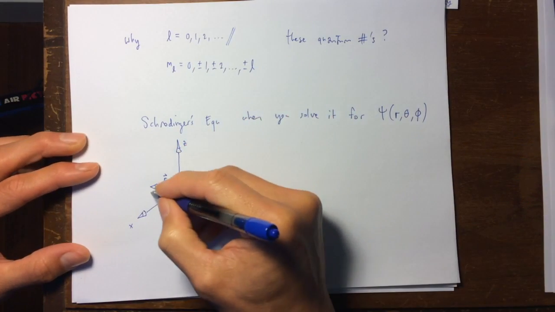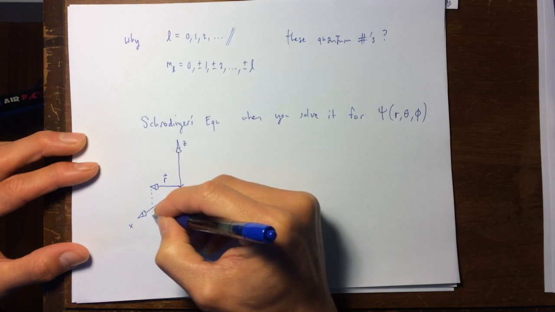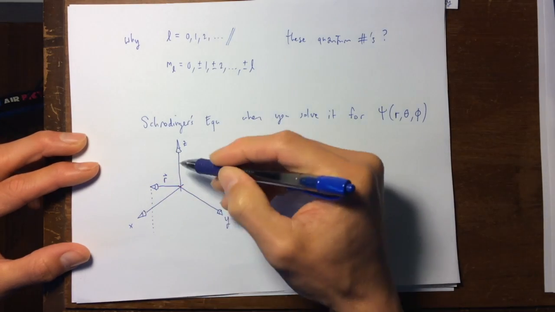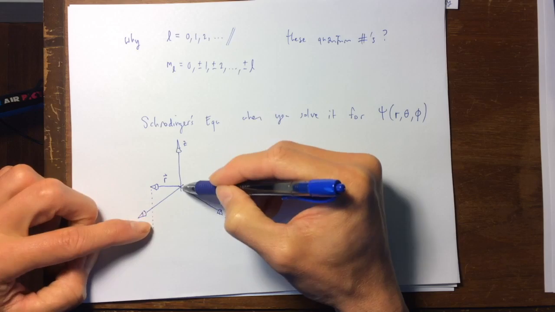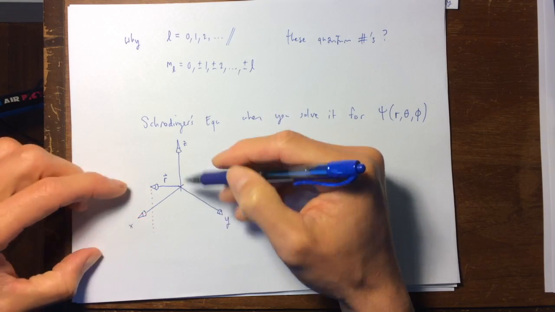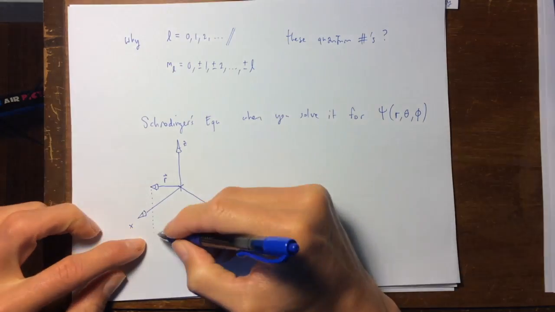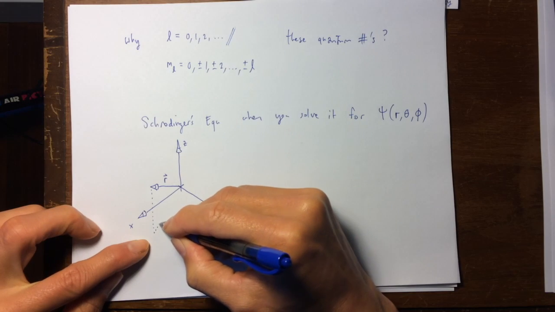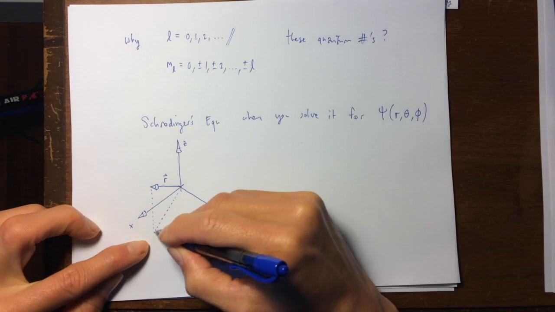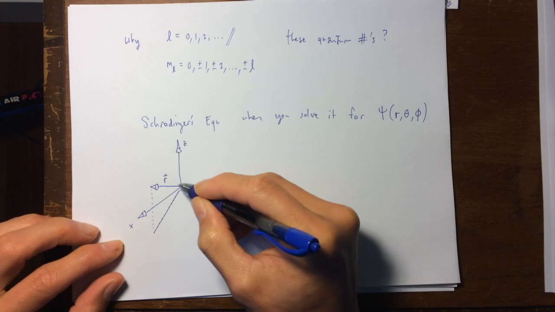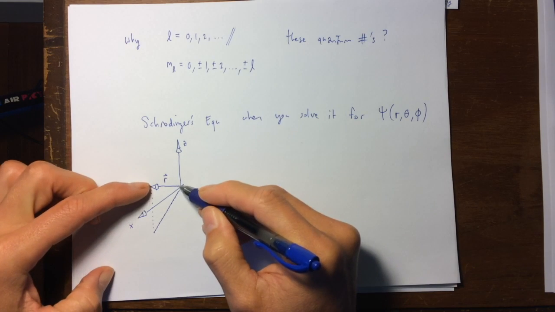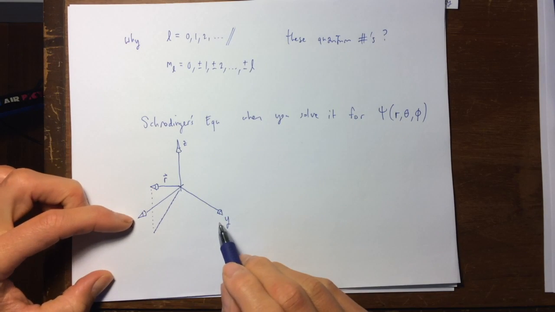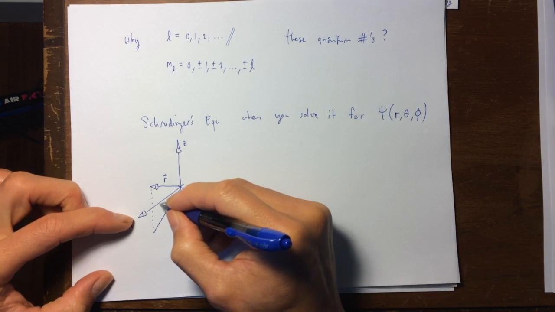If I drop an altitude parallel to the z-axis, that's how you drop altitudes, I can look at the projection of the r vector, the shadow of the r vector, on the xy plane.